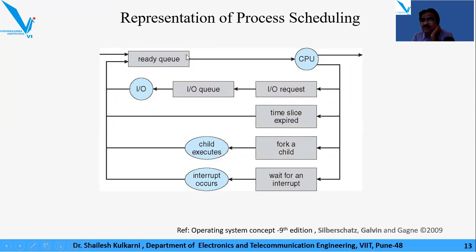Then if it receives the response from the IO queue, it will be in a running state. The next instance which makes the process deviate from running is when the time slice expires. A task or process is supposed to run for some amount of time, and after that time slice has expired, it has to go back to the ready state, right?